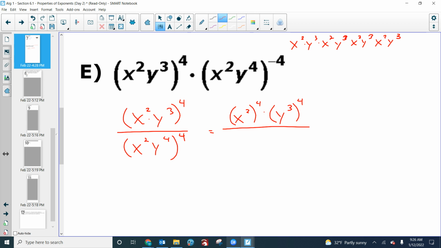X to the... Whoa. Okay. Here's what we have to be on common ground with. You have to understand what an exponent is. What's x times x? No. You guys cannot make that error. That's x plus x.